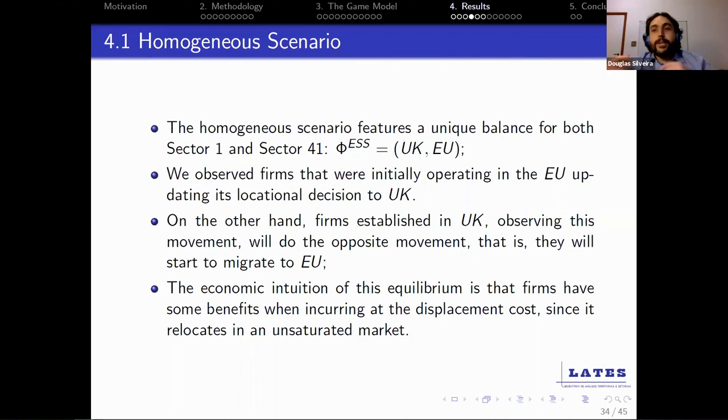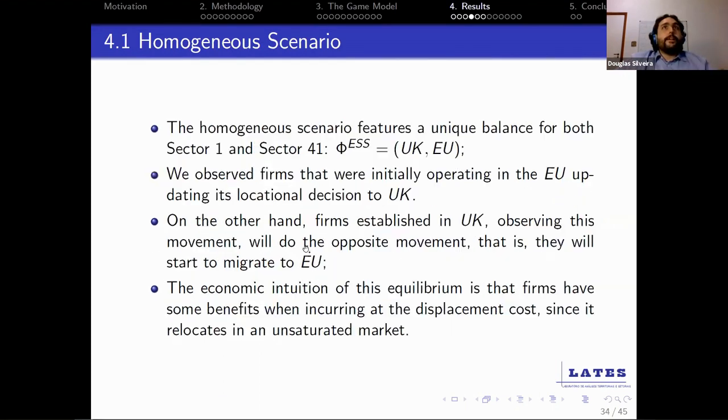And to increase the realism, I mean, to answer the question of where firms will decide to locate, we need to disaggregate these European Union regions into more countries. As you know, we are considering strategies as the countries.